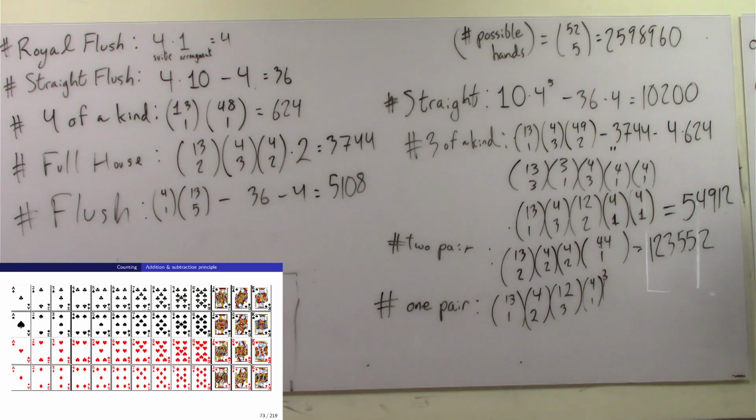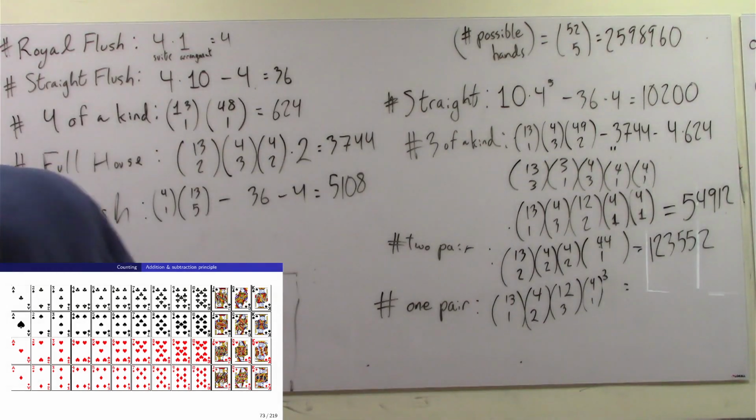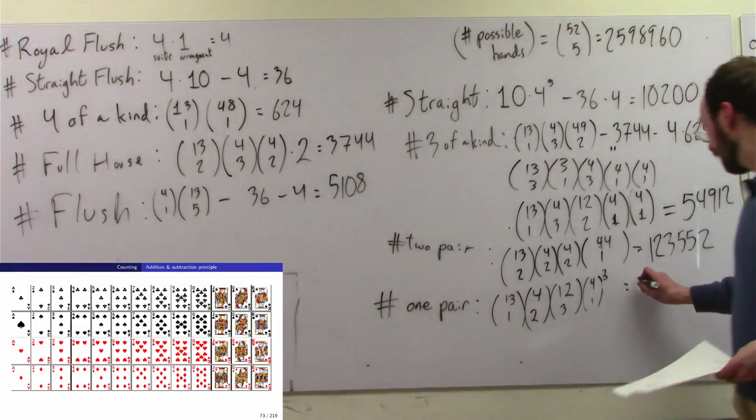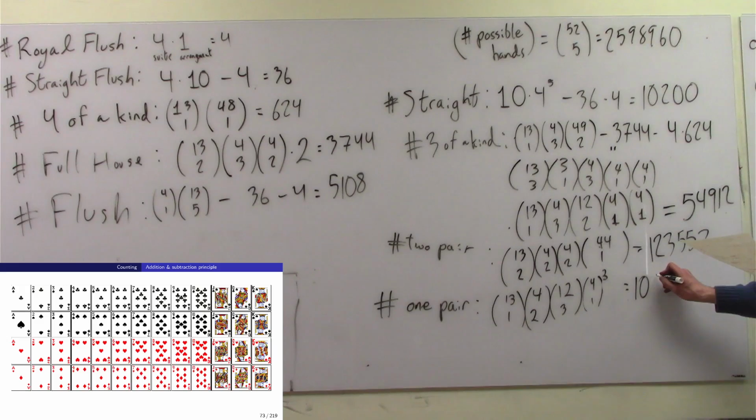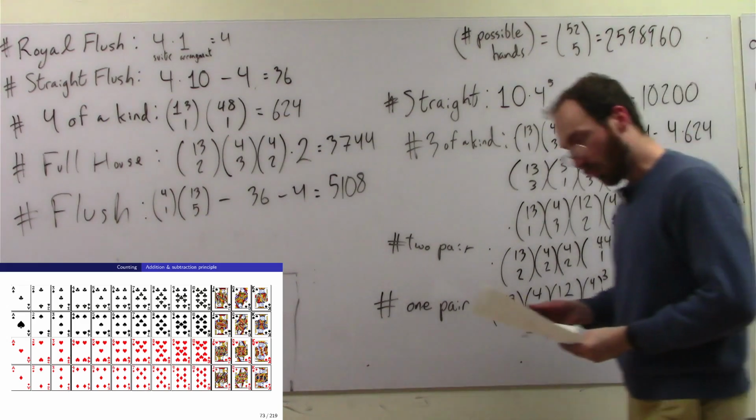Nice. Cool. And that is equal to 1,098,240. Cool. Almost half of all possible hands. Or 1 pair.